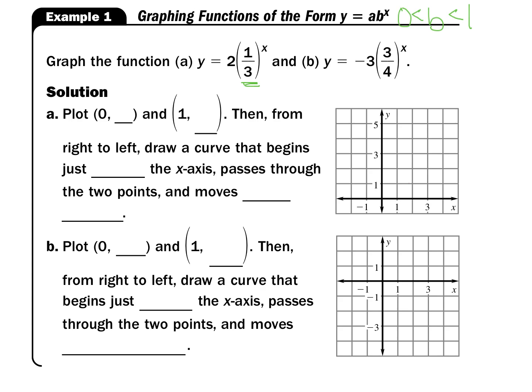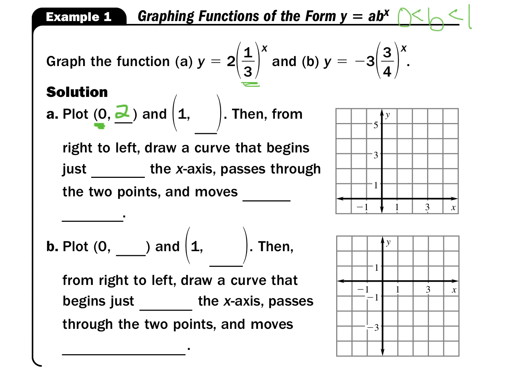So let's take a look first at a, y equals 2 times the quantity 1/3 to the x power. If I plug in 0 for x, of course anything to the 0 power is 1, so 1/3 to the 0 power is 1, and 1 times 2 is 2.